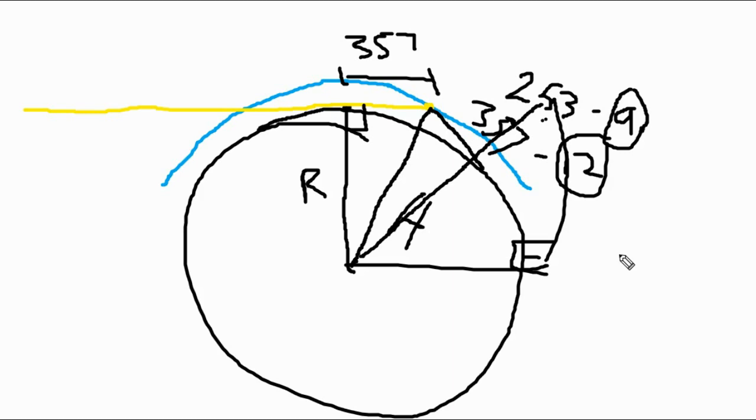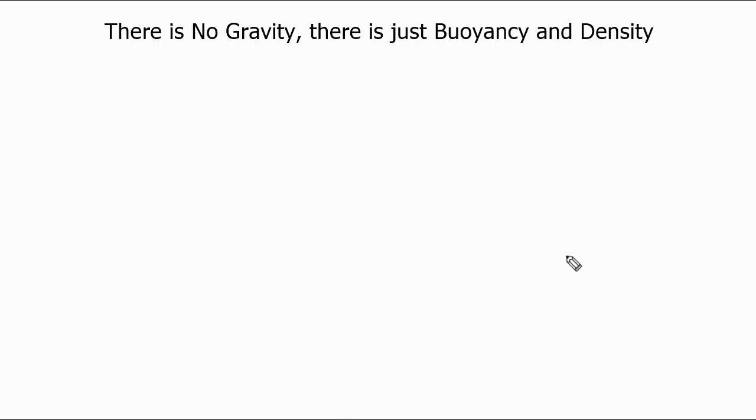Okay, let's move on to number 5. And number 5 is, there is no gravity, there is just buoyancy and density. Okay, now there's a couple of different issues here, because there's gravity as the globe people will promote it.